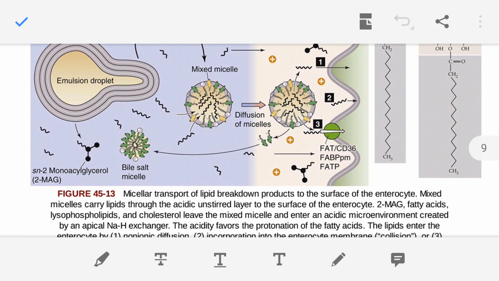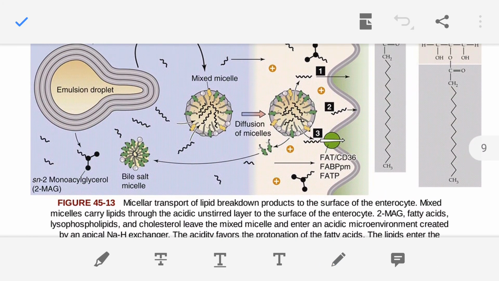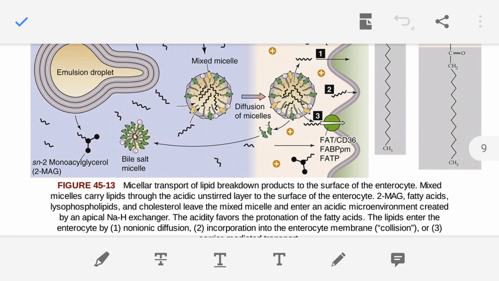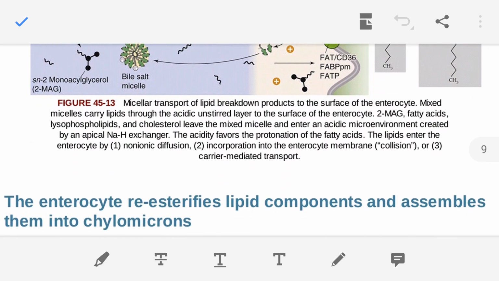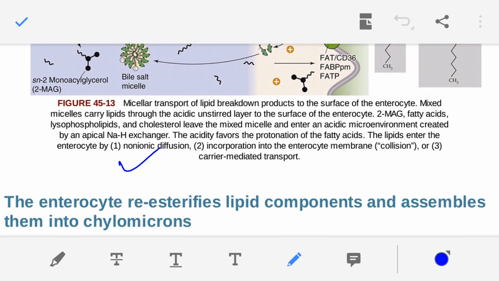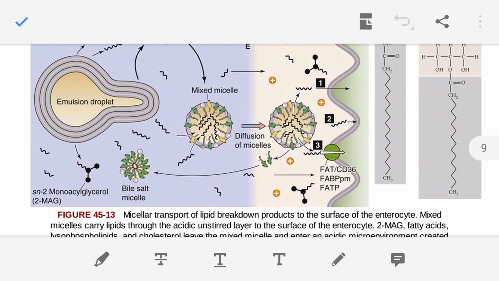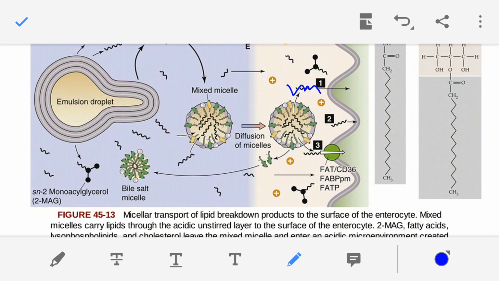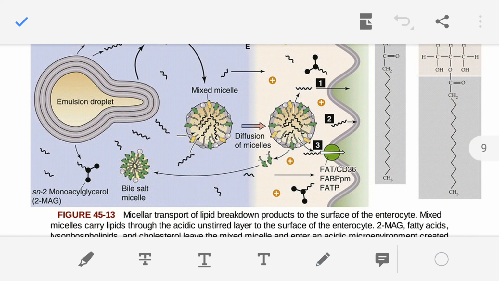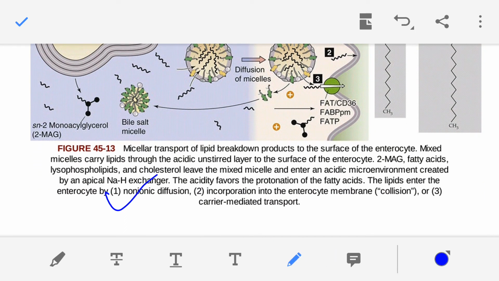Now for the entry of the lipid digestion product, there are three mechanisms. First mechanism is non-ionic diffusion. So here, number one, the lipid digestion product, let's say the fatty acid, is entering by the non-ionic diffusion mechanism.